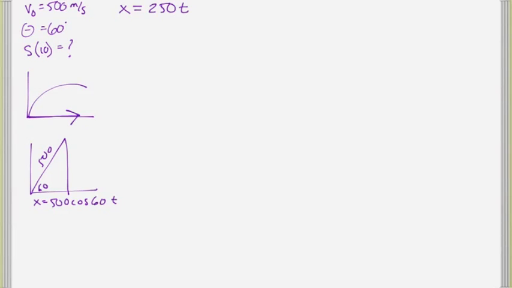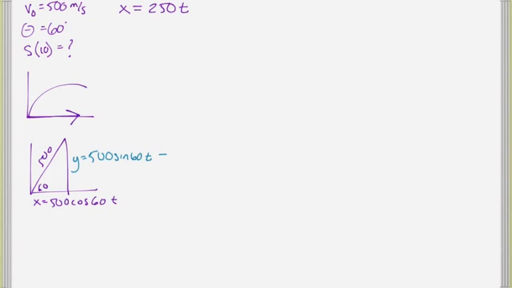For our y motion, though, it matters how fast it was going initially, but it's not going to keep going up at that angle forever. It has to start coming down at some point because gravity is involved in this. So the launch velocity and angle would account for 500 sine of 60 times t. But we need to subtract from that the effect that gravity is having upon this thing.